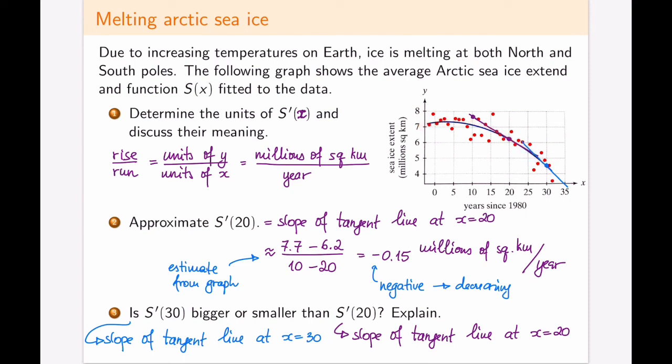So simply by eyeballing and estimating from the graph, I'm going to conclude that this tangent line is steeper than this one, and therefore S of 30 is going to be larger than S of 20, which means that if I do compute this number, I will get a larger negative number, indicating that in the year 2010, the ice is melting faster than it was melting in the year 2000.